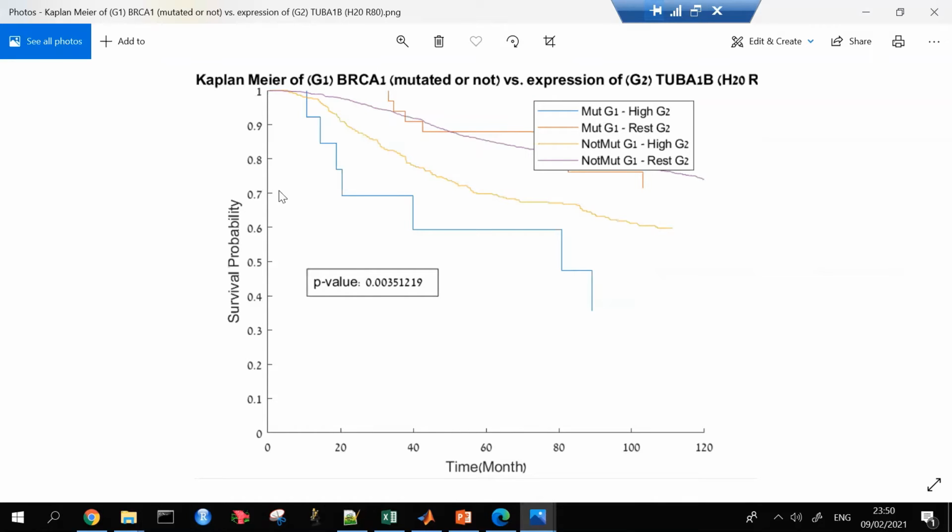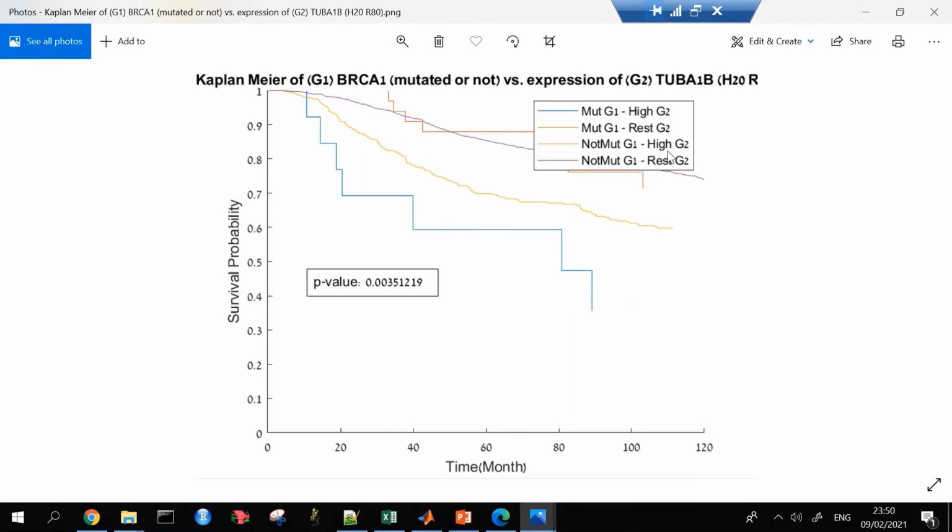And the p-value was significant, but you can certainly see that the group that had a mutation in BRCA1 and a high expression of TUBA1B, that group's survivability was worse. They get a worse prognosis.